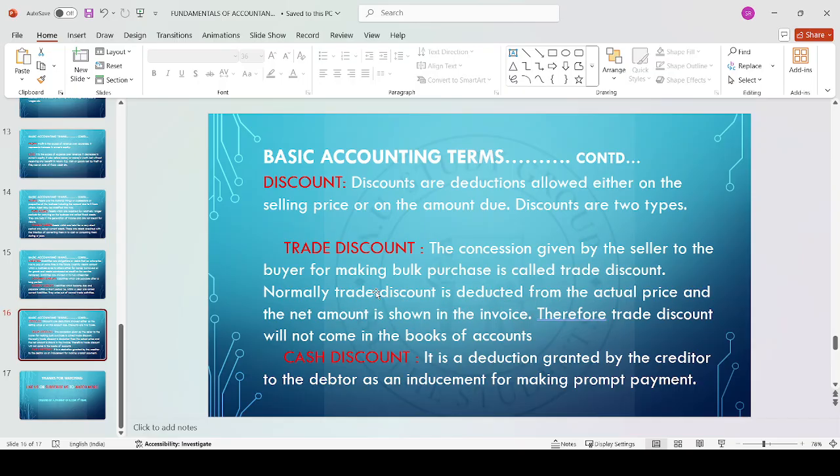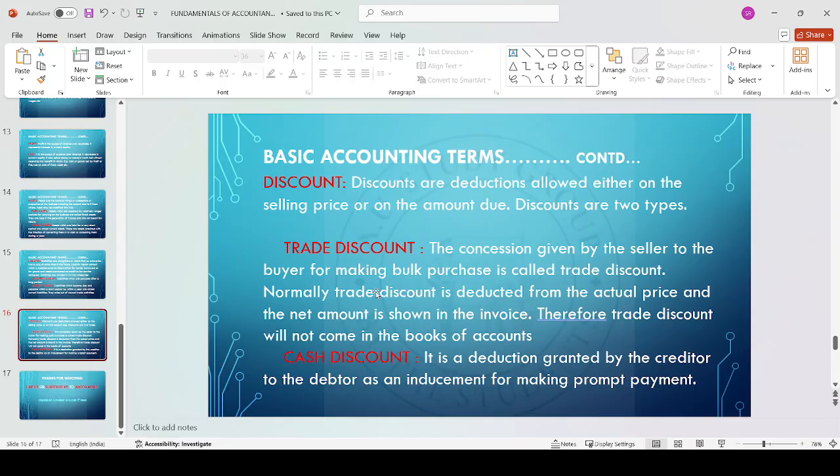Cash discount is a deduction granted by the creditor to the debtor as an incentive for making a prompt payment. For example, if any of you are using credit cards, if you make a prompt payment on time or before time, they'll give you cash discount.